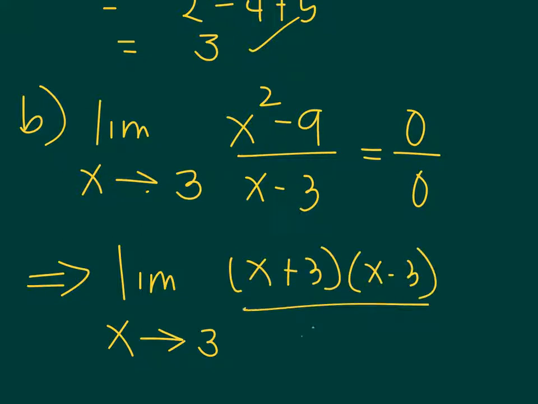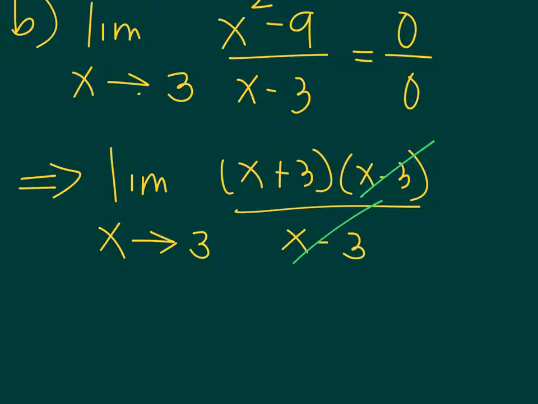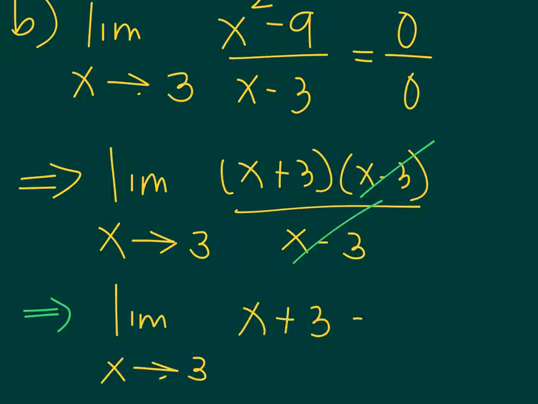So if we do that, then we can cancel the x minus 3, and that leaves us x plus 3. So limit, do not erase the limit yet. So you have x plus 3. And going back to substitution, the limit must be 6. 3 plus 3 equals 6. Okay, same answer.